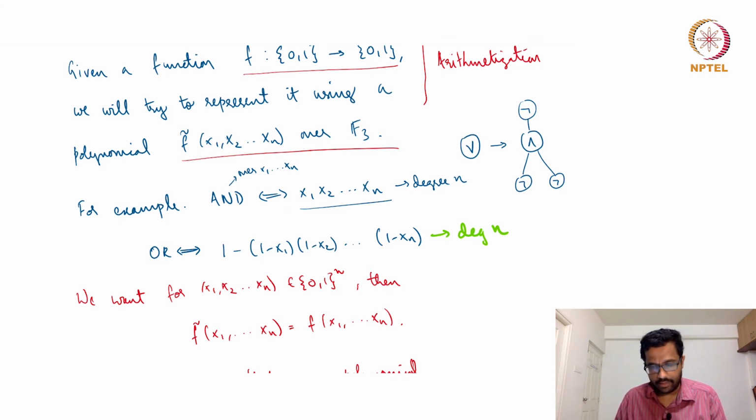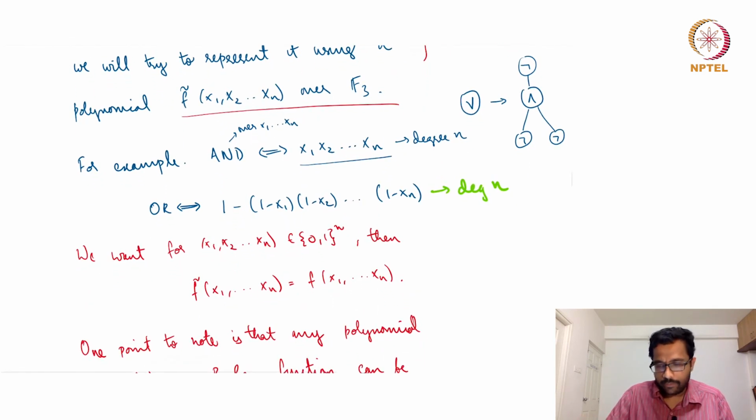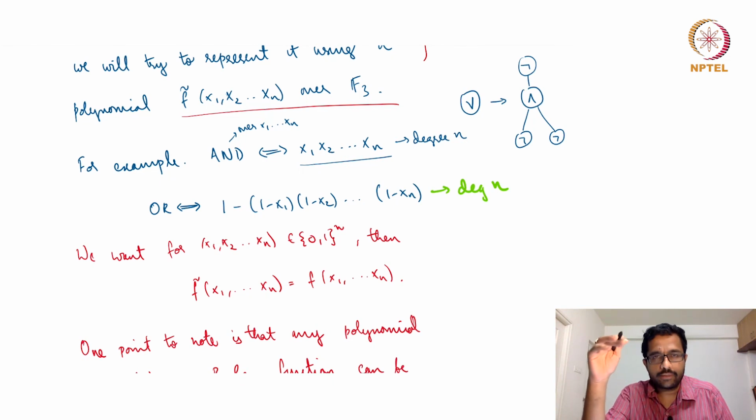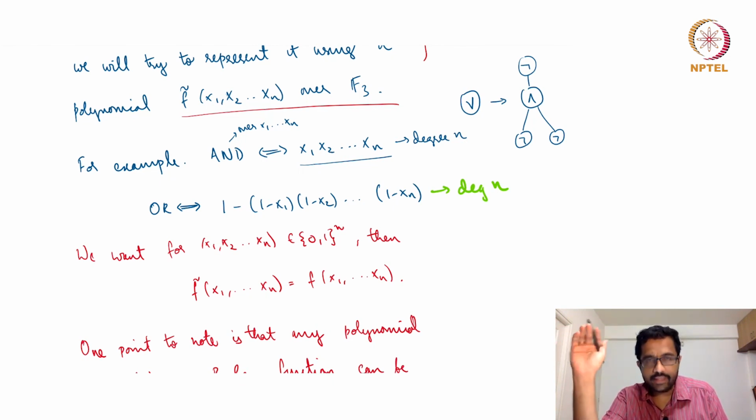It might have some coefficient plus or minus 1, but there is such a term that doesn't cancel out with others. So when the input consists of only 0 1 vectors, we get the desired output.